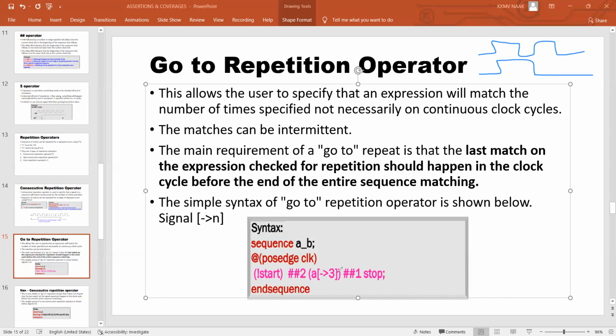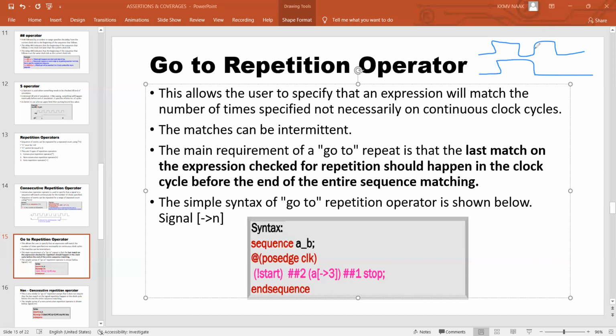So the last match means already 2 times your A was high. The last match means the third time your A should be high. That third time should happen in the clock cycle before the end of the entire sequence matching.